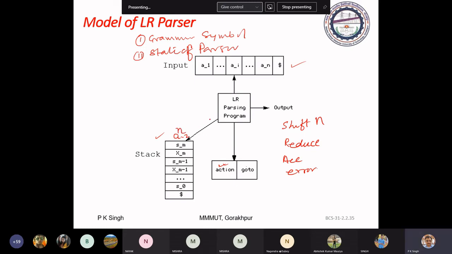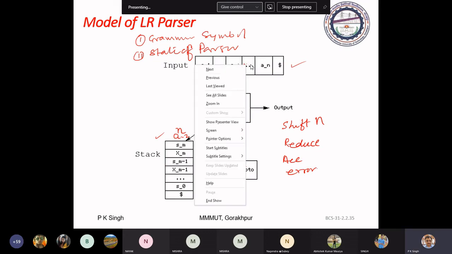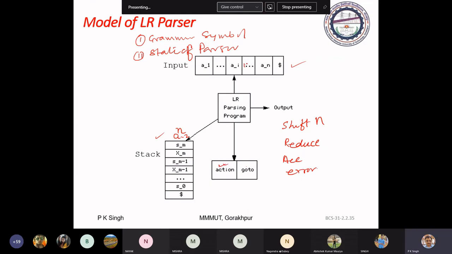Next state is n. And now suppose the next symbol is ai plus 1. Then the next parsing action will be decided on the basis of the top state, that is this n, and ai plus 1, the current input symbol.